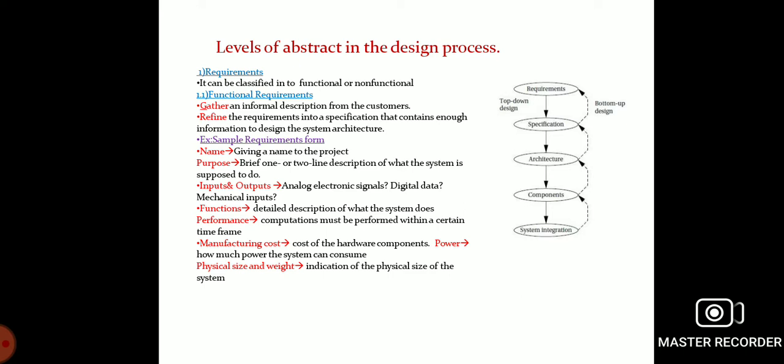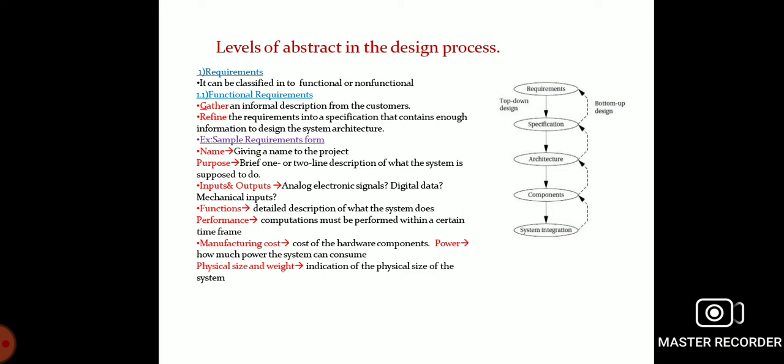In functional requirements, first gather an informal description from the customer, and second, refine the requirements into specifications that contain the information needed to design the system architecture. Sample requirements form: name, purpose, input and output, functions, performance, manufacturing cost, and physical weight and size.